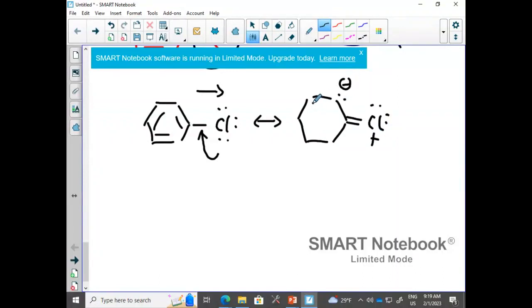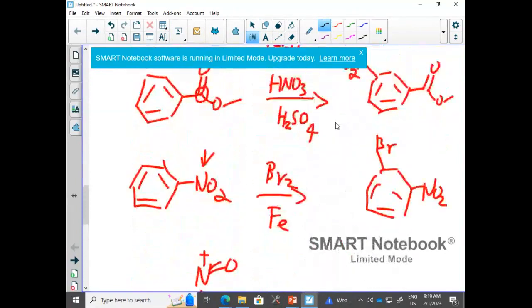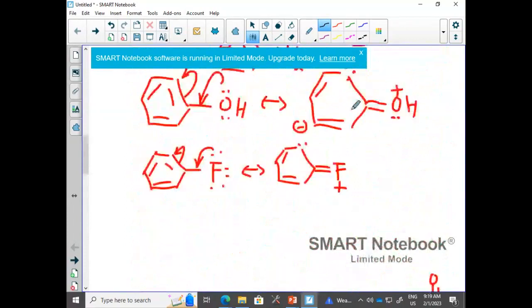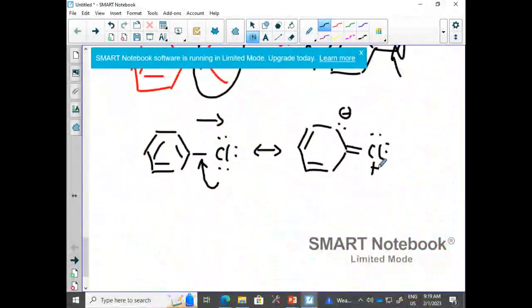Compared to the fluorine version, this resonance form for chlorobenzene is substantially less stable. Why? Because chlorine is a third period element. So the carbon-chlorine double bond is substantially longer than the carbon-fluorine bond, and a longer double bond is less stable.